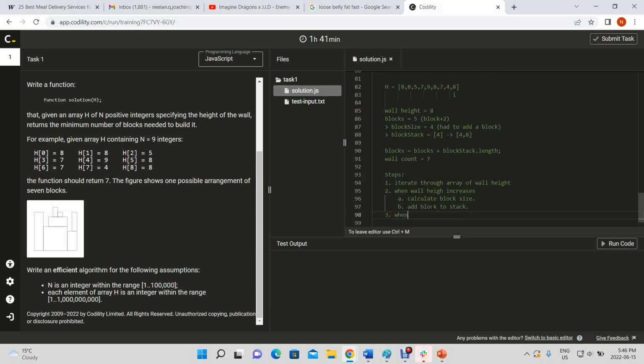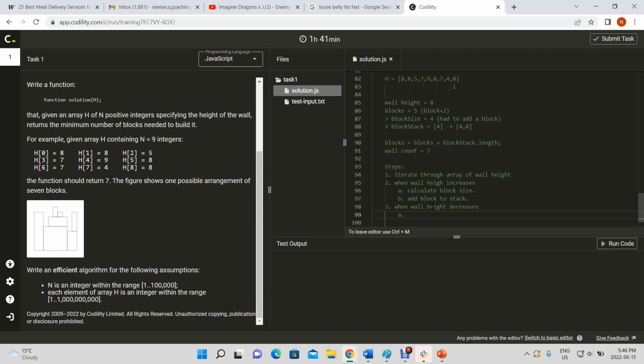Second, when wall height decreases, pop blocks from stack until wall height is equal to h of I, or wall height is less than h of I, right?